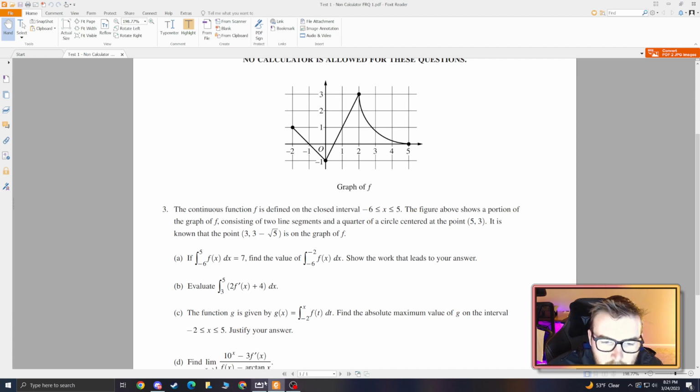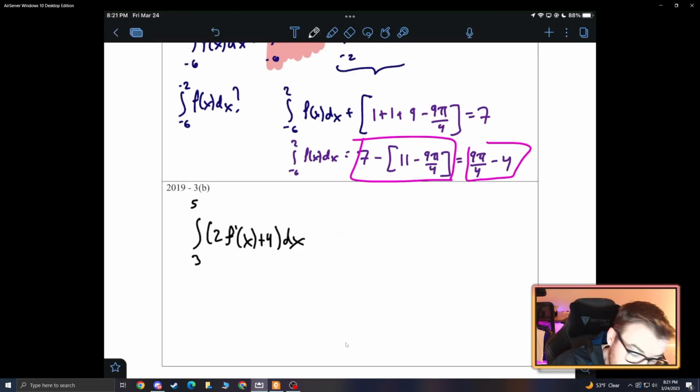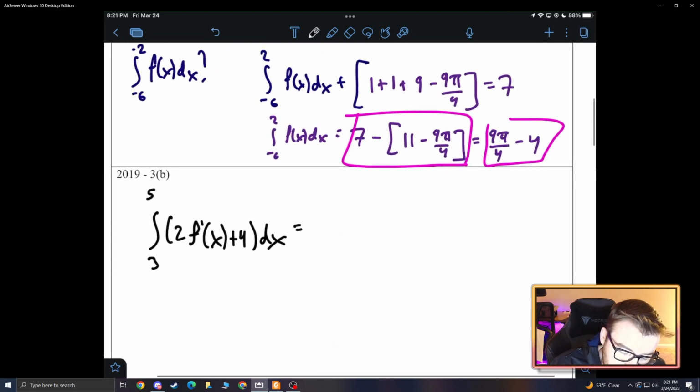So we just want to integrate it. So what would the integral of this be? Well, I kind of noticed the 2 situation. Actually, you know what I'm going to do?